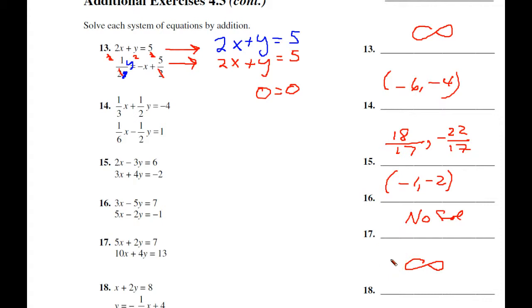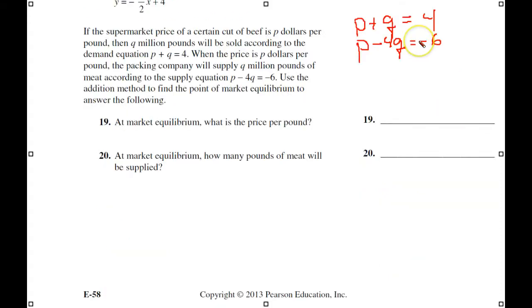And let's go on to some word problems. So here we see they give us the two equations. And what I'll choose to do is to change these signs by multiplying every term by a -1.